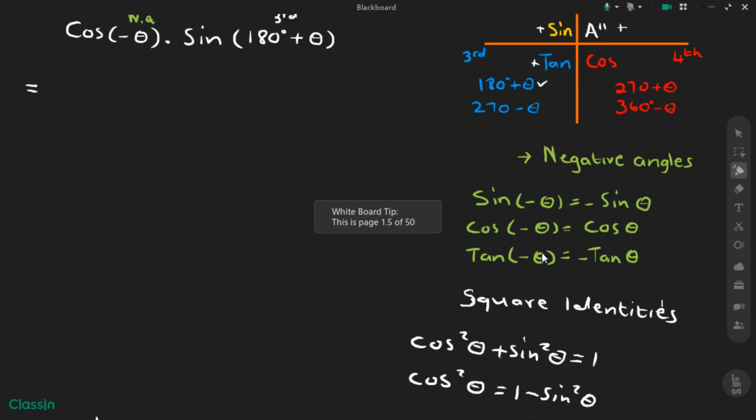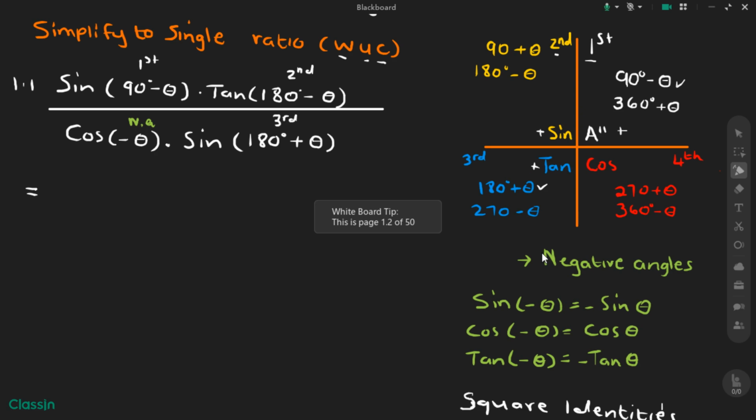We also need this information: sine of 90 minus theta, the answer will be cos theta.